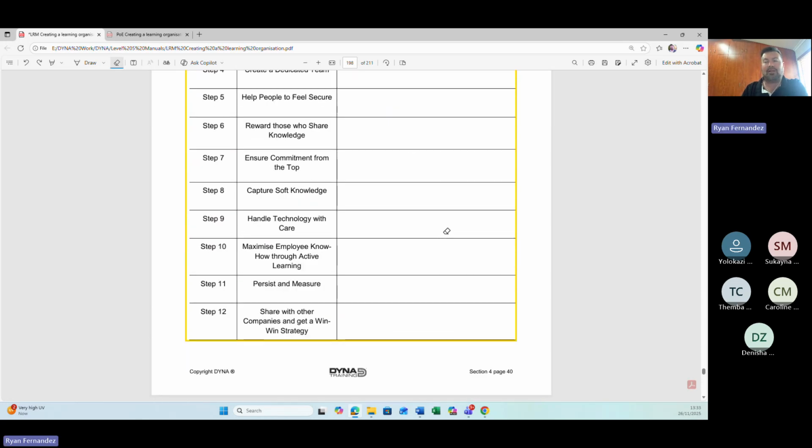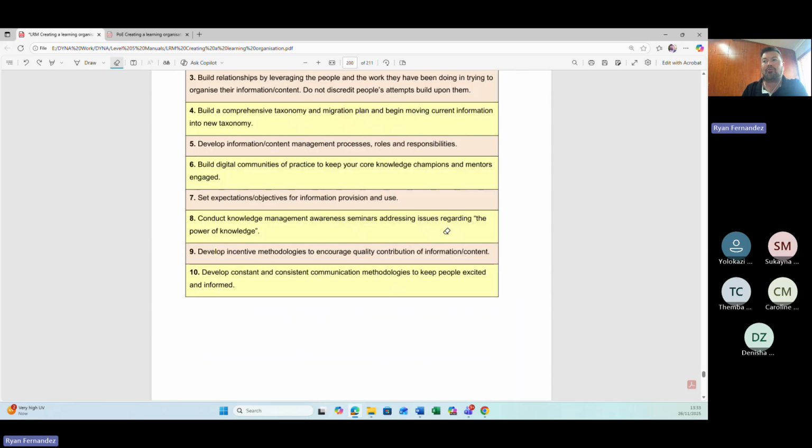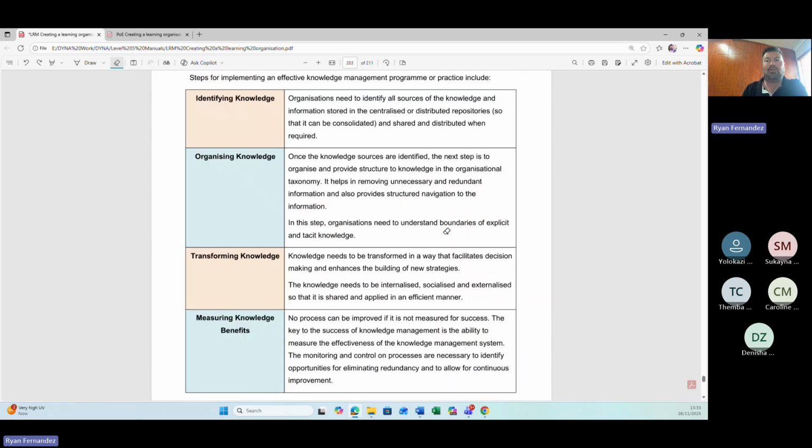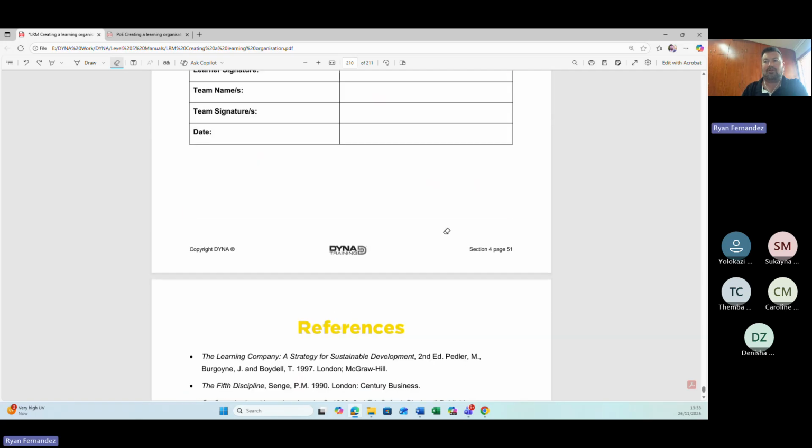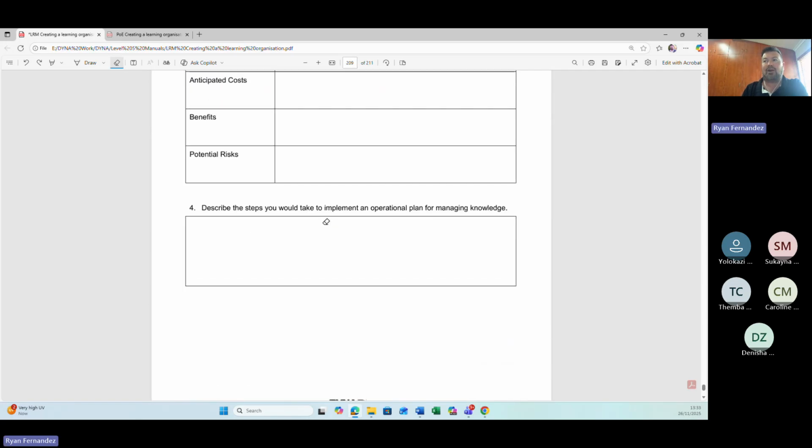Now what I'm going to ask you to do is maybe look at 3 of those steps and put them in as your answer for this question. So for this question, describe the steps that you would take to implement an operational plan for managing knowledge, you put 3 of the steps from your formative in there.